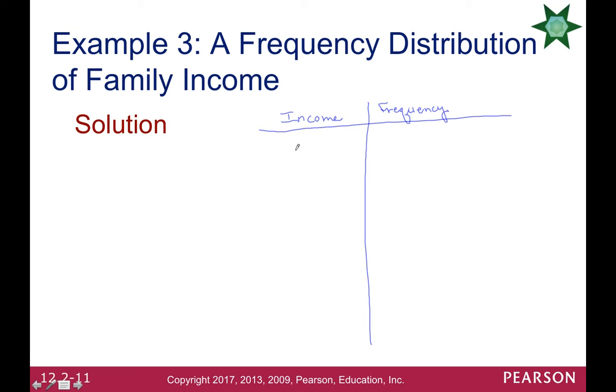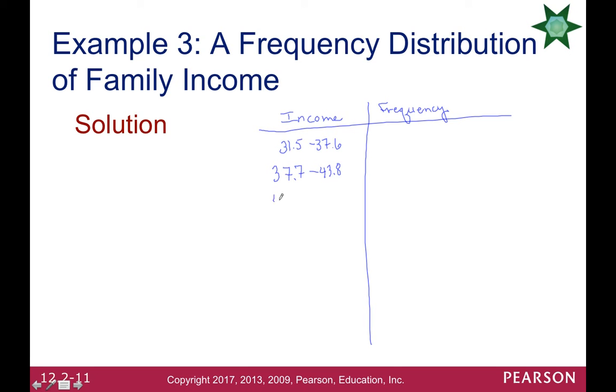Okay. So the first one was 31.5, and it goes up to 37.6. Now, the next number up is what we use to find the class width. It's 37.7. And remember, the class width is 6.2, so I add 6.2 to this. And if I do that, I get 43.8.